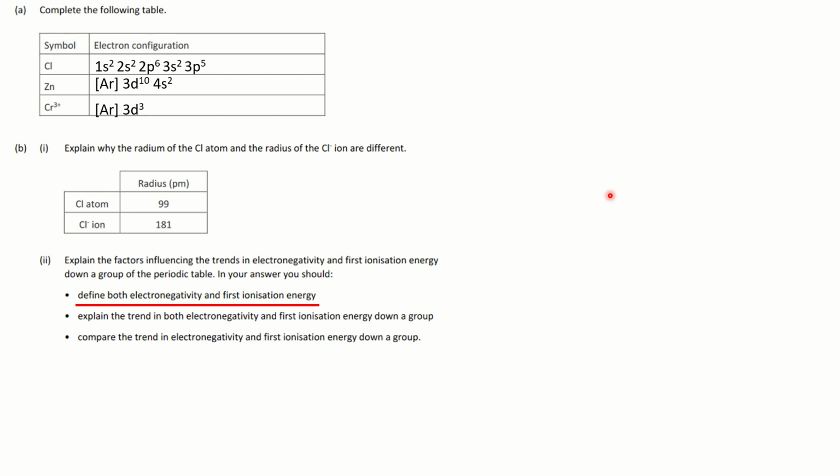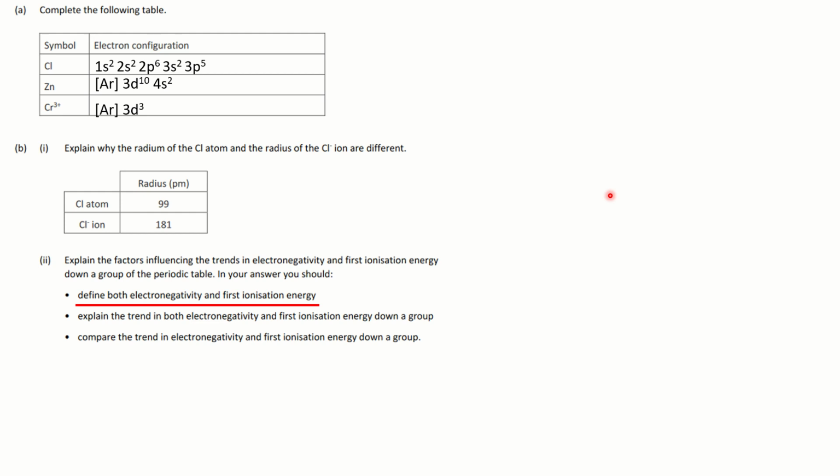So it says, define both electronegativity and first ionization energy. Your answer better well include a definition of both electronegativity and first ionization energy. Then it wants you to explain the trend in both electronegativity and first ionization energy down a group. So explain. You know what the trend is. It's part of the content we covered earlier this year, but you need to explain why that is the case.